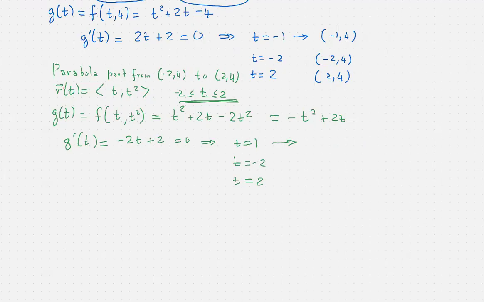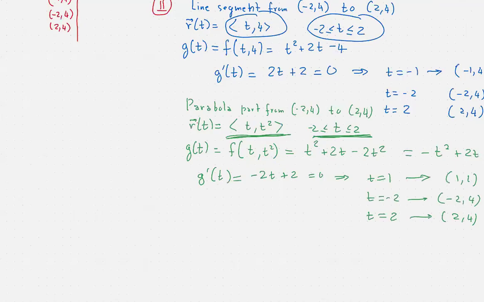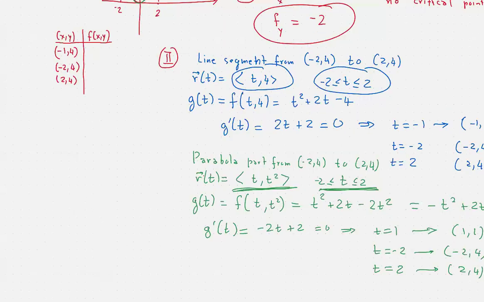This corresponds to the point -2, 4. And this corresponds to the point 2, 4. Please note that the two last points have already been considered. And this is quite common. The endpoints of each boundary component will appear more than once in this consideration. So the only thing that we should add to our table is 1, 1.